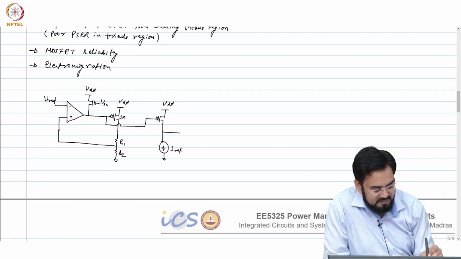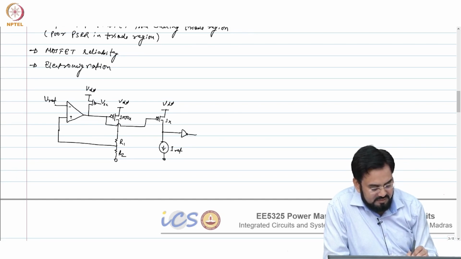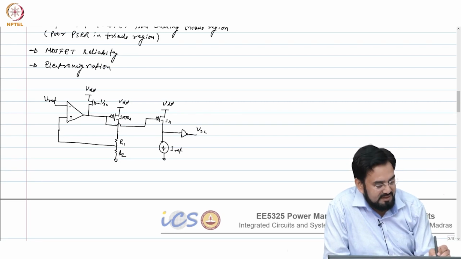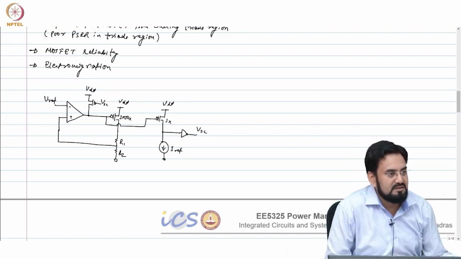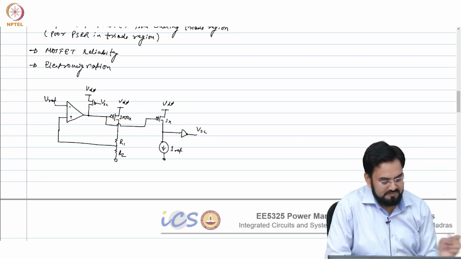So if this is 1000x, you make it 1x device. So if this goes high, this will go low, you make it VSC, and it will turn on this device and the gate will be pulled up to VDD and it will turn off this. Okay.